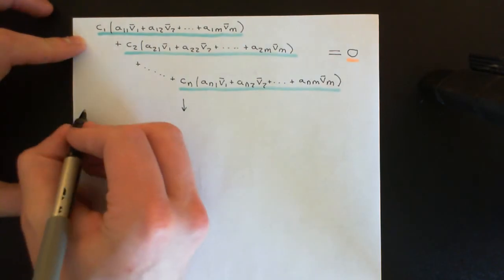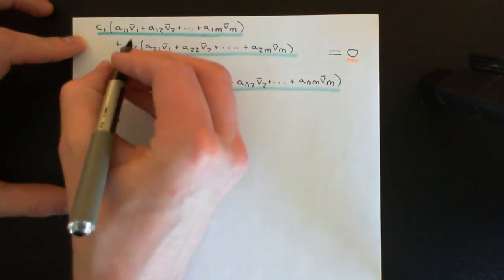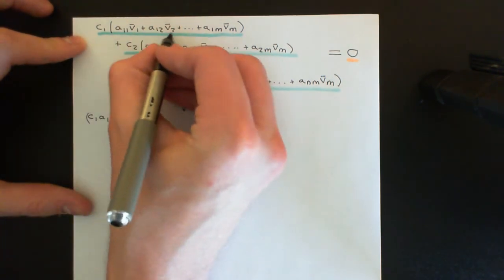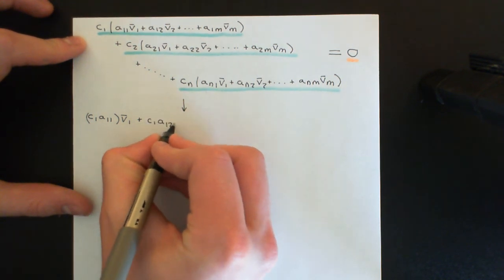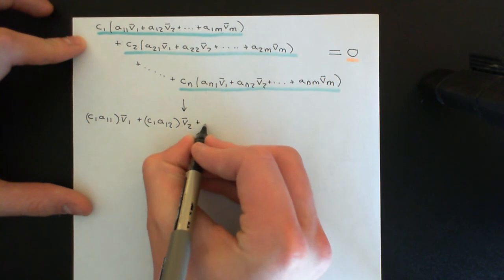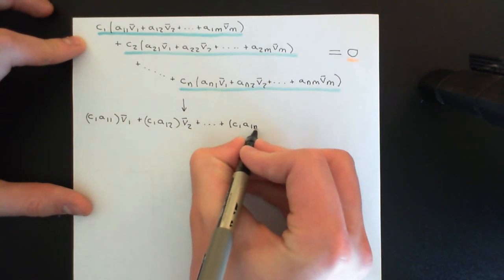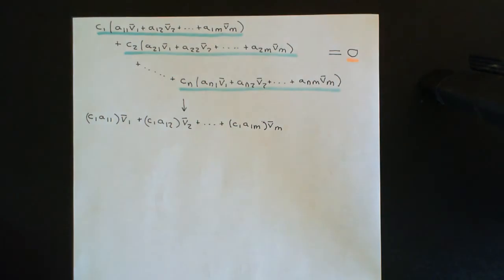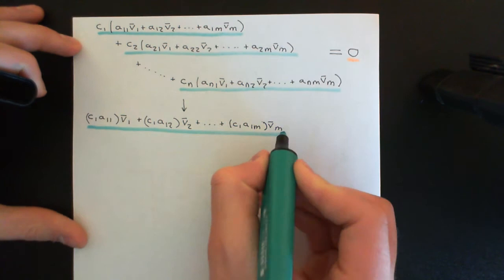What we'll end up with is c1 times a11 in the field times v bar 1. Then plus c1 times a12, again in the field, times v bar 2, and it will go on all the way up until we have plus c1 times a1m scalar multiplied by v bar m. Okay, so that's my first line there, and again I'll underline it in turquoise here.